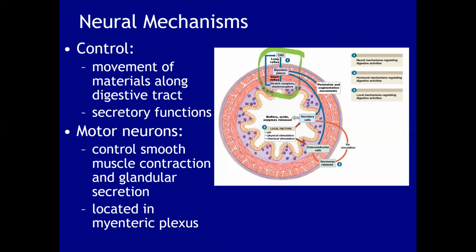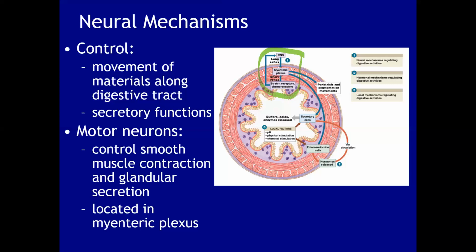Those are all part of what is called the short reflex. The stretch receptors and the chemoreceptors interact or engage the myenteric plexus. They also send information to your central nervous system. Your central nervous system then also engages the myenteric plexus.